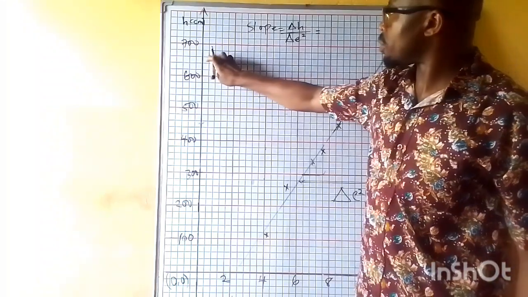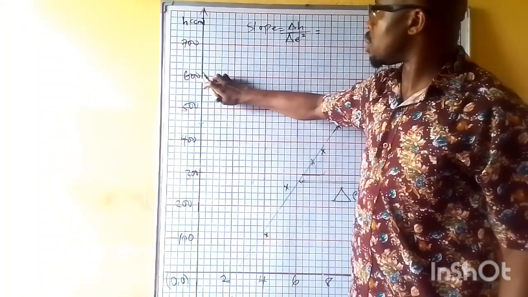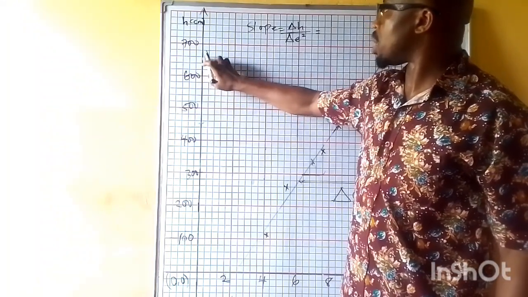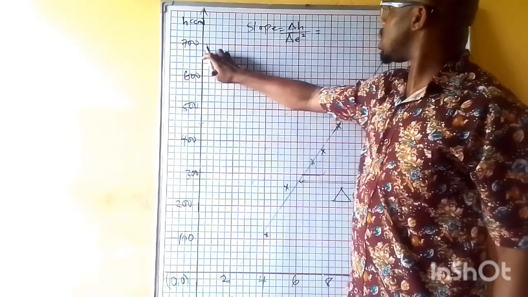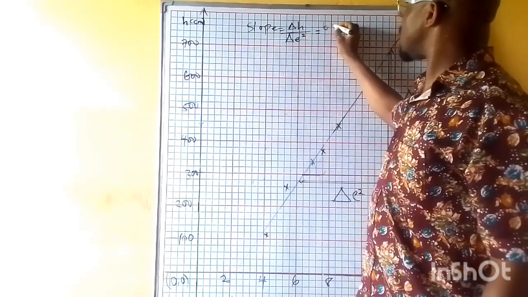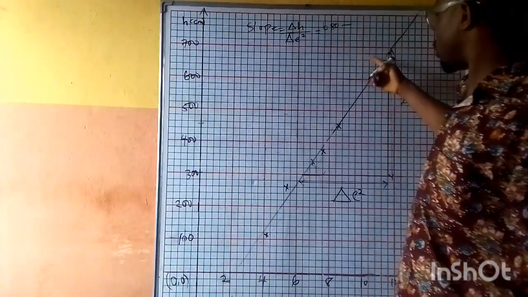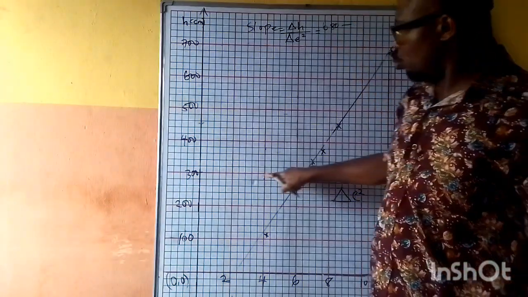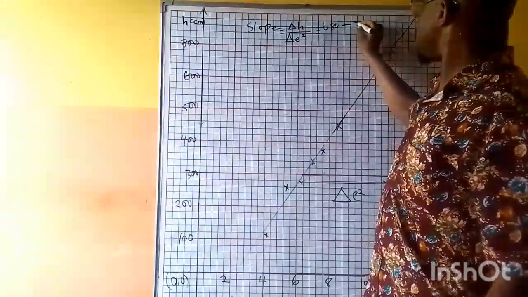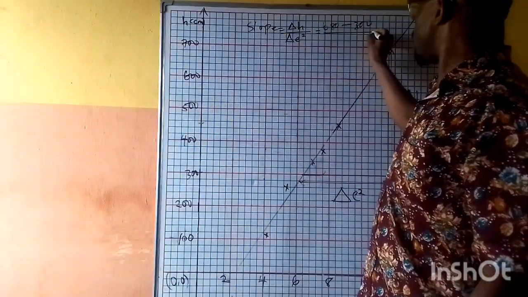If we read it here, this is 600, 620, 640, 660, 680. So we have 680 minus what we have here. You trace this point, which is 300, all over.